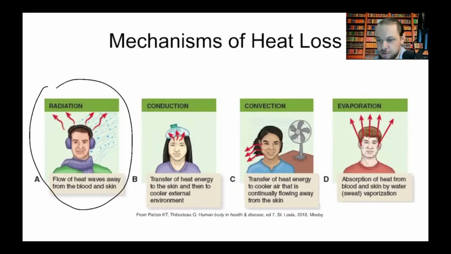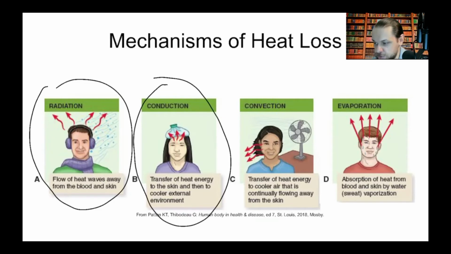In conduction, you have a physical connection to some sort of object, so it's a transfer of heat from skin to an external object. Let's say you come out and there is a metal bench, you're waiting for a bus, and it's very cold. You sit down on this cold metal bench, and it will pull the energy from you through conduction.